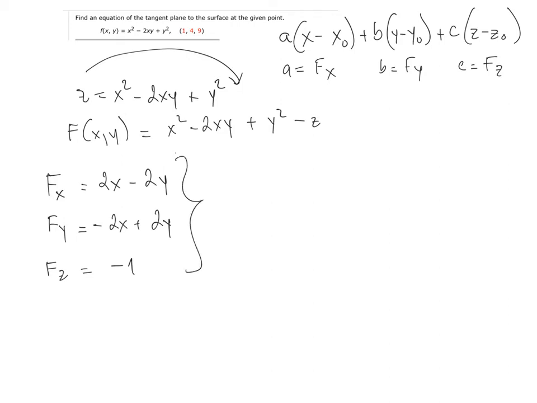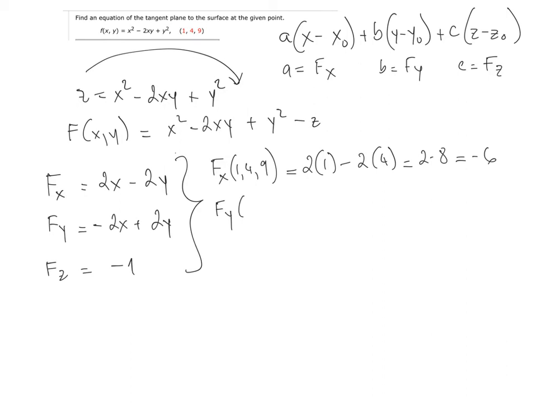You're going to plug in the point (1, 4, 9). So for the partial with respect to x, you're going to have 2 multiplied by 1 minus 2 multiplied by 4. You will get 2 minus 8 equals negative 6.